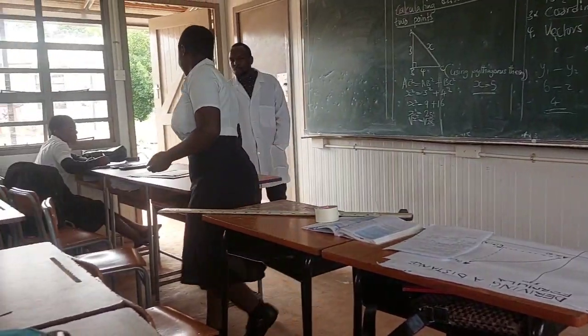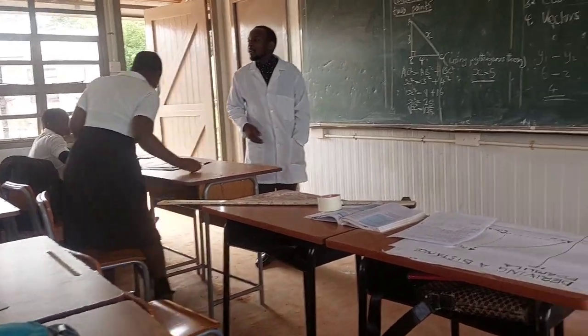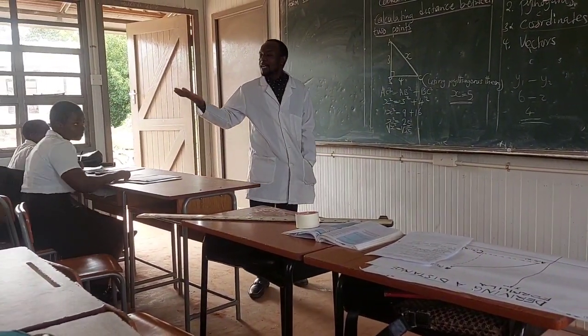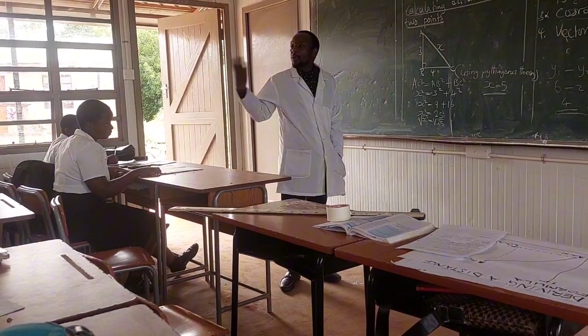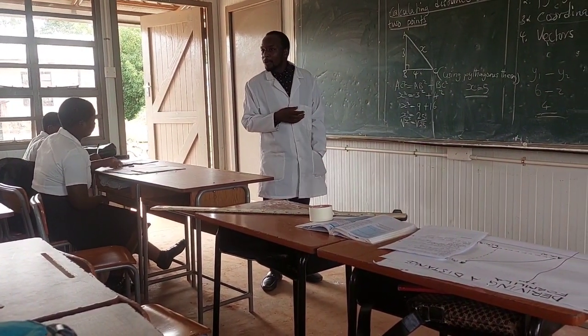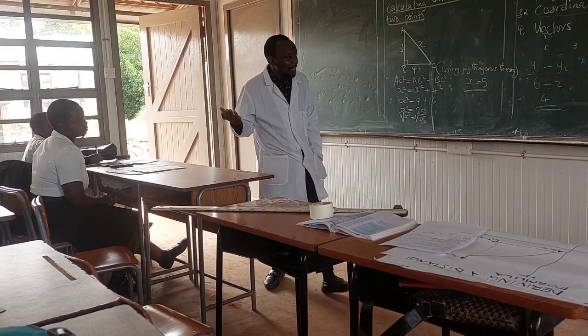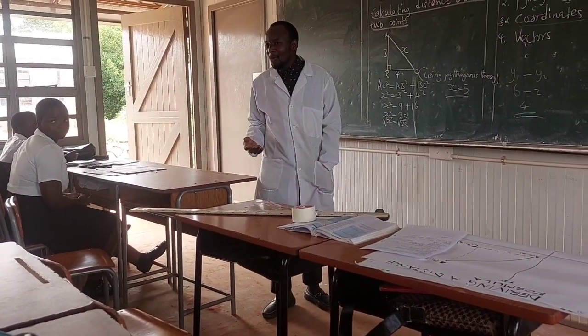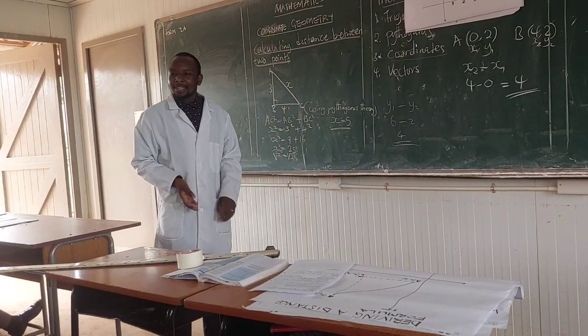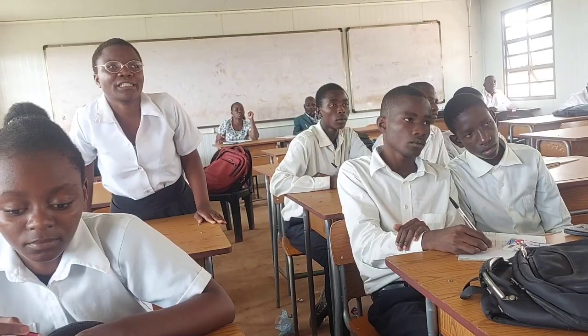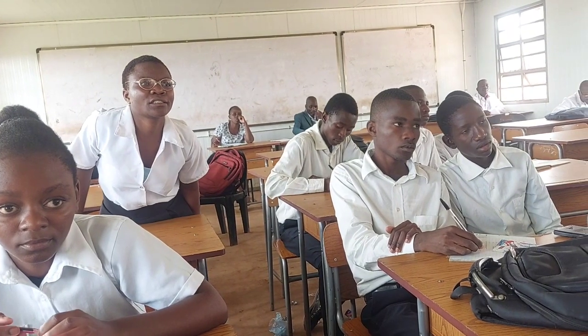Okay, so this is what she has done. Anyone with a contrary idea? She has done this. Do we all agree? No. Who has a contrary idea? Who says no? Yes, Vidumbiko. y2 minus y1.